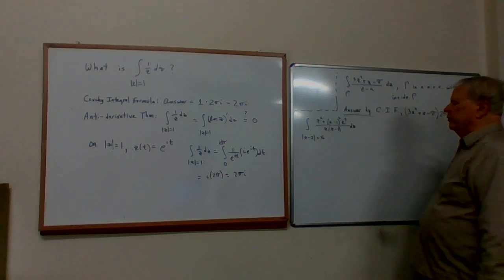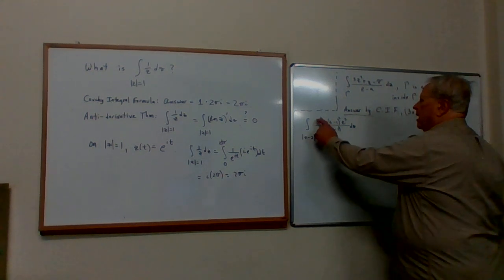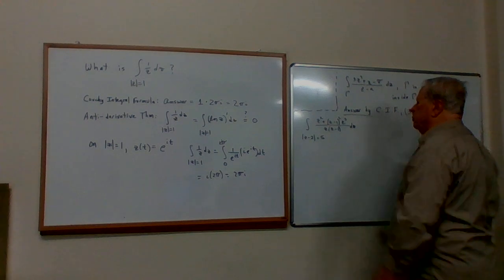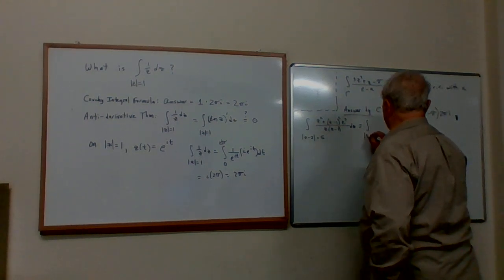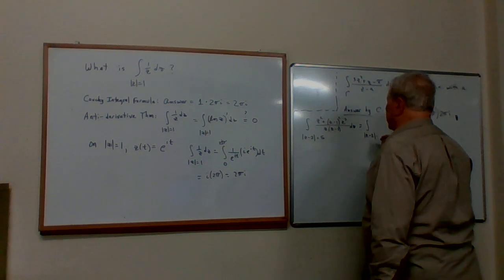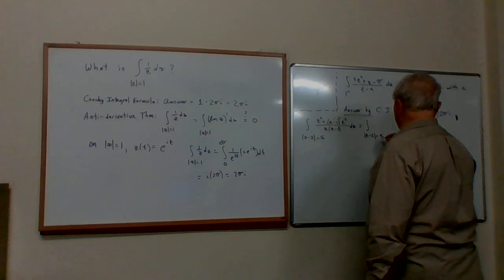Well, now if I'm really clever about this, I'll divide the numerator up into the two parts and integrate them separately. This is the integral over the circle of radius 5 around the point 2.